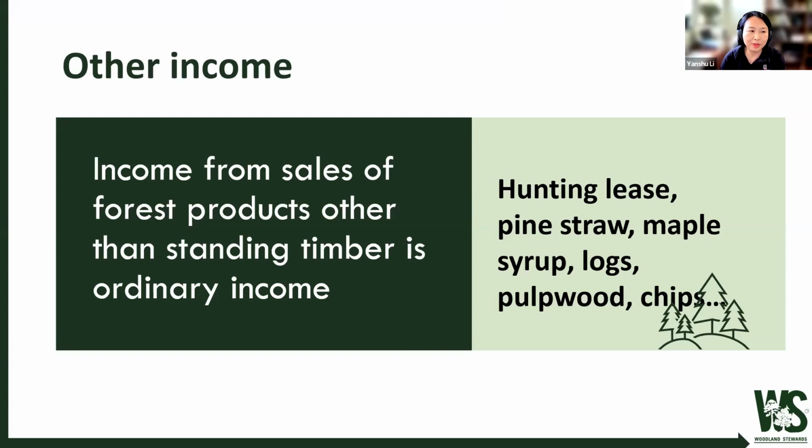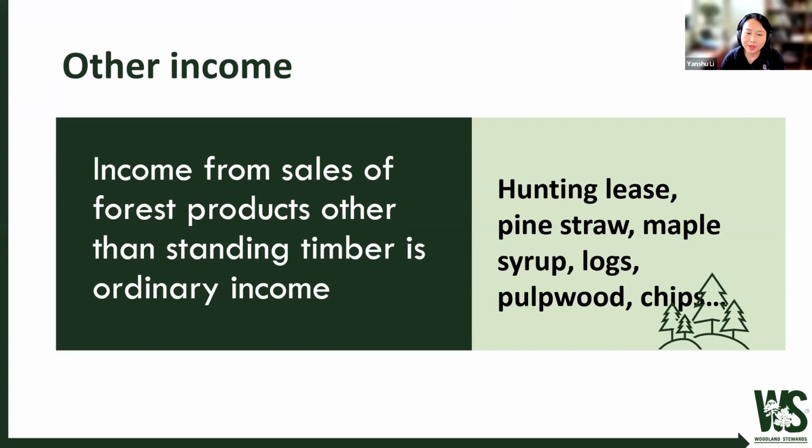And sometimes landowners could also receive income from selling other forest products, like pine straw in Georgia. Pine straw is a very important source of income, and also hunting leases.